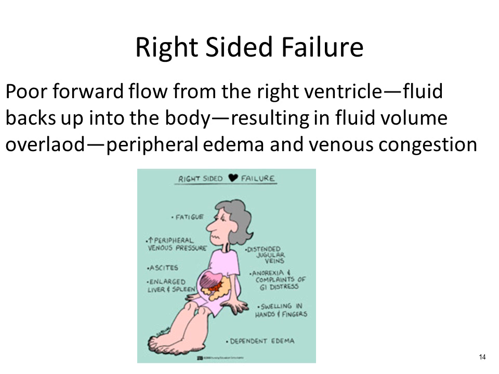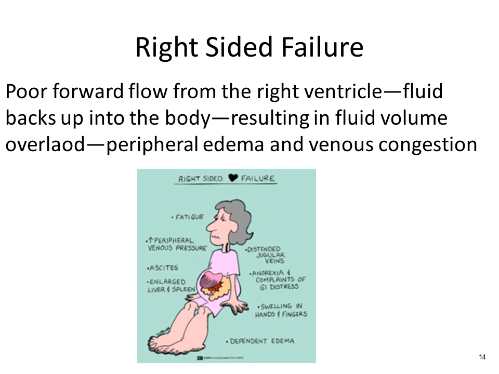Right-sided heart failure. So, right-sided heart failure is poor forward flow from the right ventricle. And that poor forward flow from the right ventricle is going to result in fluid backing up into the lungs.